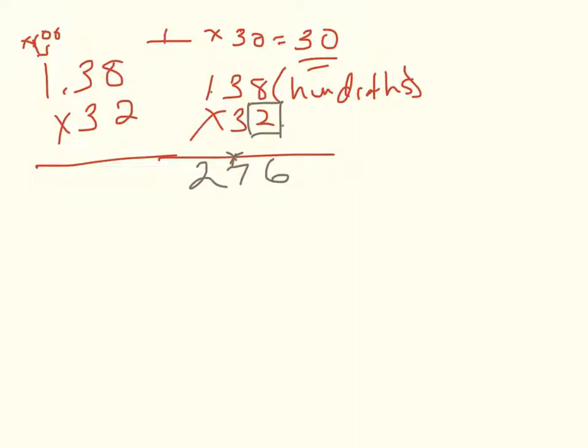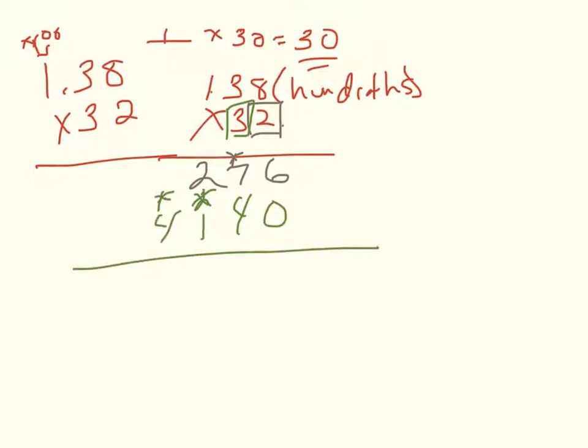And then I'm going to go to the 3's. The 30 times 8 is 240. 30 times 30 is 900, plus 100 is 1,000, 1,001, 1,100. 30 times 100 is going to be 3,000, plus one more is going to give me 4,000.